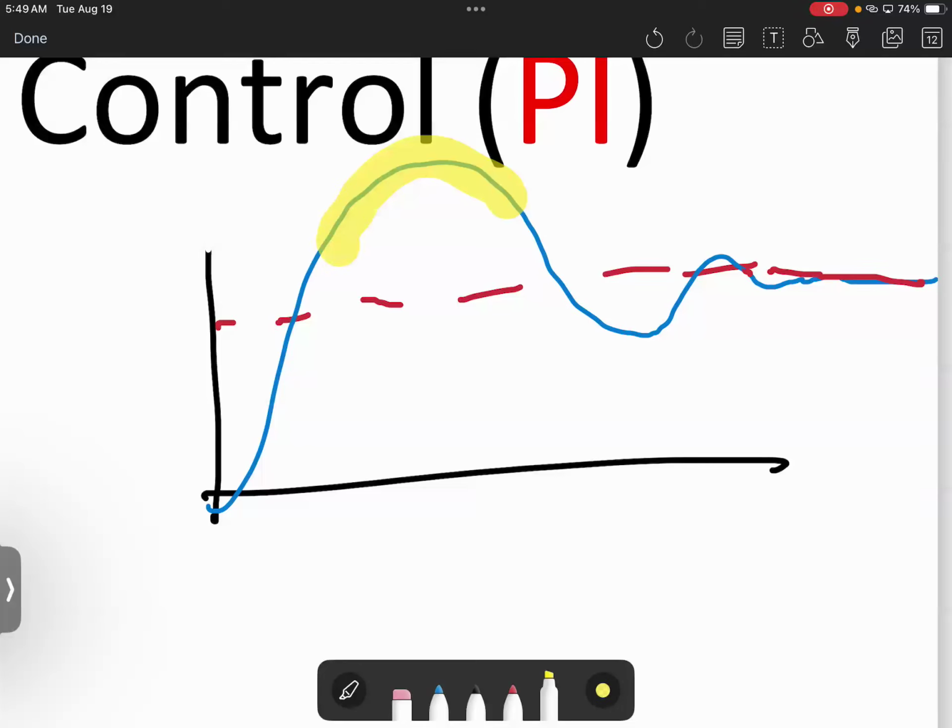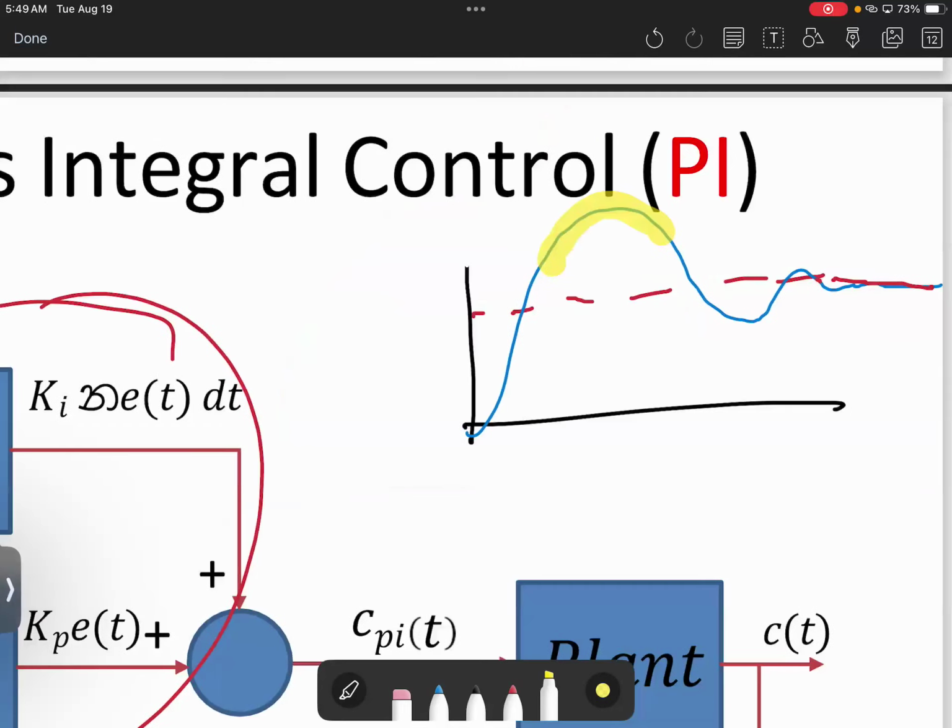Assume you are in an elevator at floor number 0 and you would like to go to floor number 1. When you travel from floor 0 to floor 1 using a PI controller, you will feel the overshoot and a kind of oscillation like here. So it will oscillate, then reach your desired value.